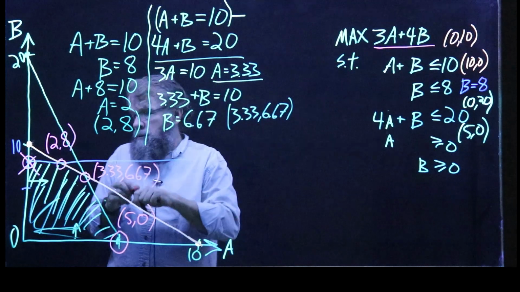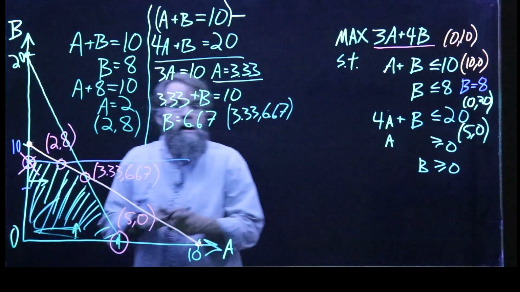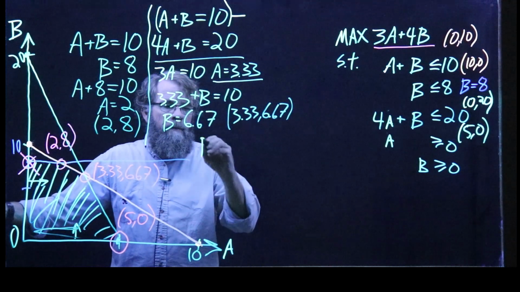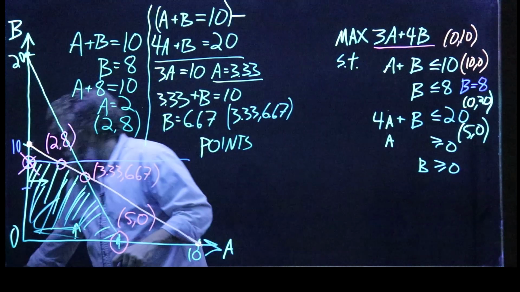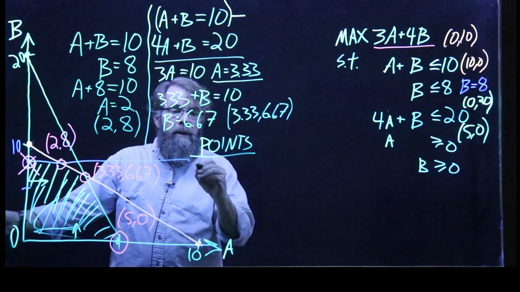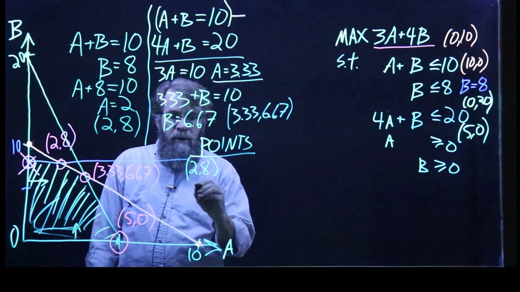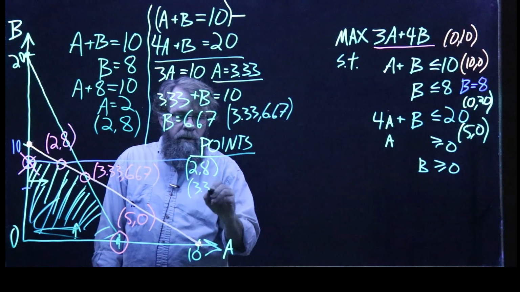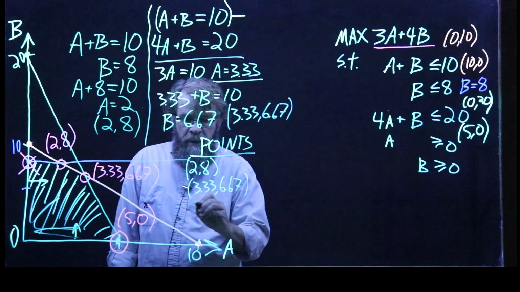Okay, so I'm going to go back to yellow. I'm just going to make a little list of the points that we are looking at here, and the profits we get from each one. So we're going to have 2, 8, and we're going to have 3.33, 6.67, and then we're going to have 5, 0.